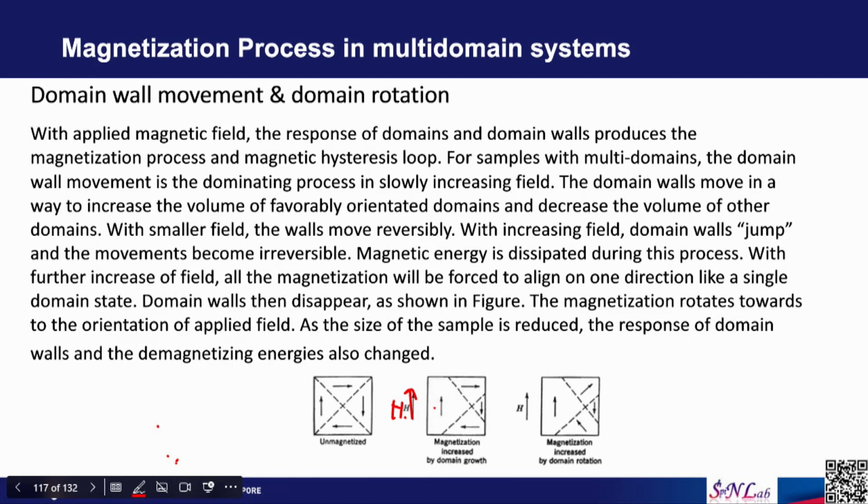Initially the domain wall was here, and you can see that this domain wall has moved. The domains which are in the same direction as the applied magnetic field expand. This kind of reversal mechanism is called domain wall motion.